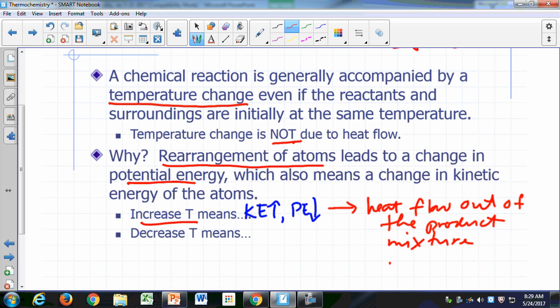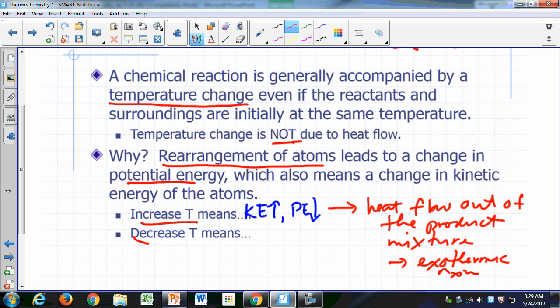As a result of the reaction, the atoms are now hotter than before, and so now it's going to be hotter than the surroundings. Heat's going to flow out because it's hotter than the surroundings. So you have what we would call an exothermic reaction.